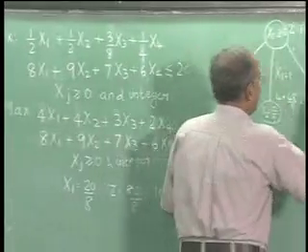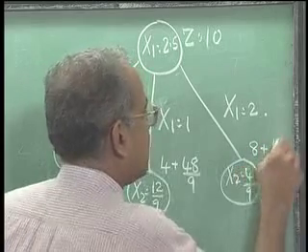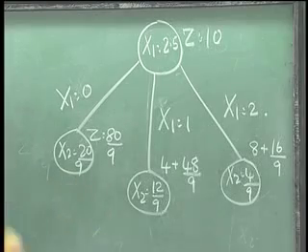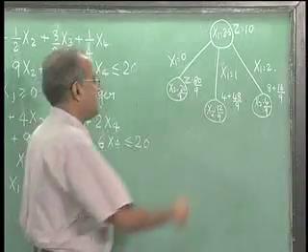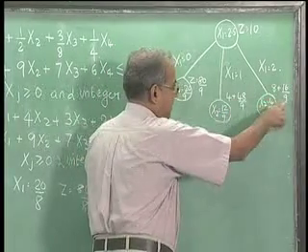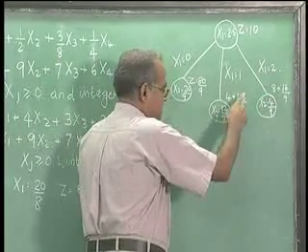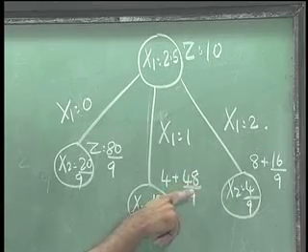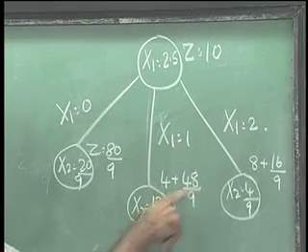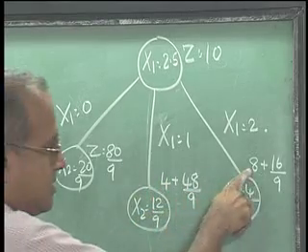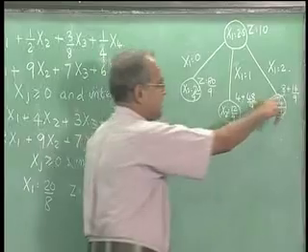So this will become 8 plus 16 by 9. So this will be 9 and below. Now out of these, we can either branch from here or we can branch from here. So this is 5 plus 3 by 9, which is 5.33. I am sorry, this is 9.33. So this is a little more than 9.33.